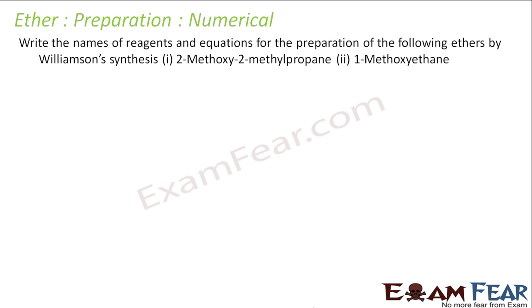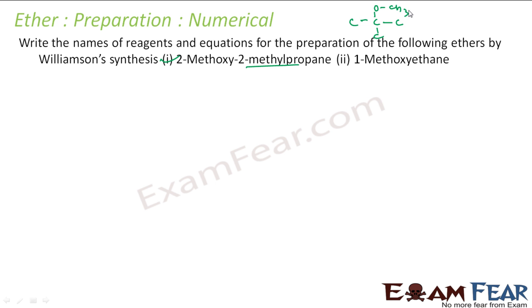Again, let's take some more examples. We have to form, again using Williamson synthesis, 2-methoxy-2-methylpropane. First let me have propane, and at the 2 position I have a methyl, 2-methylpropane, and at the 2 position I have a methoxy, OCH3.